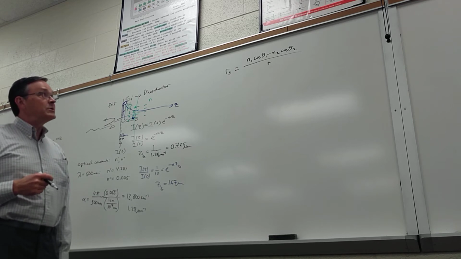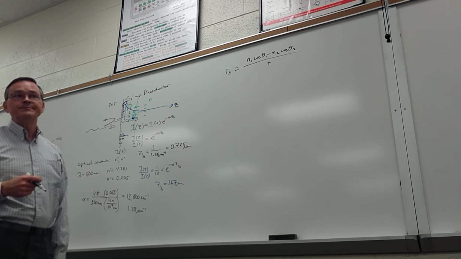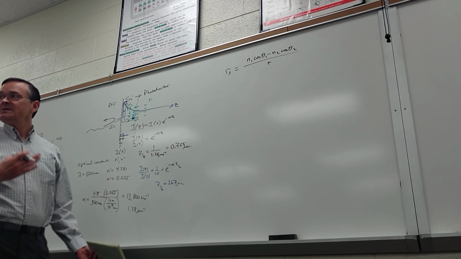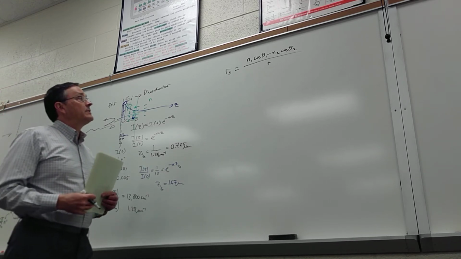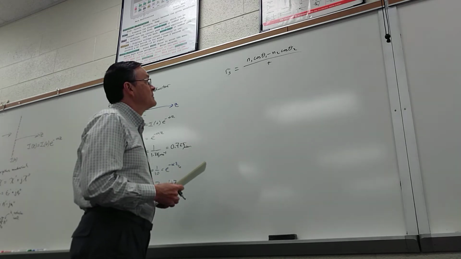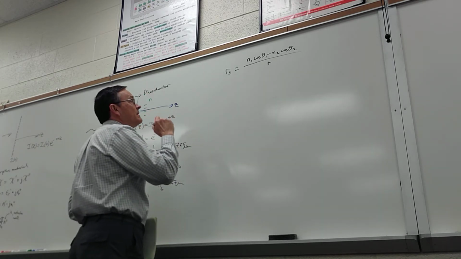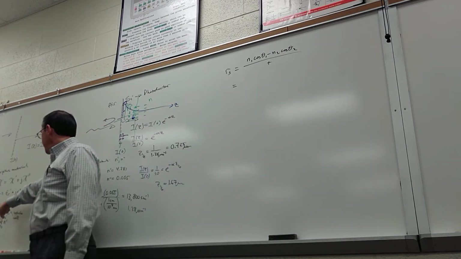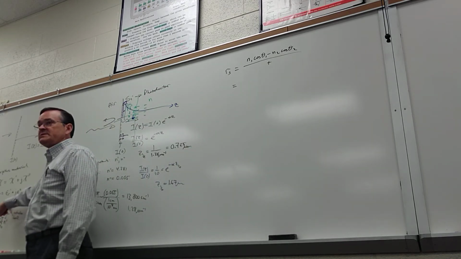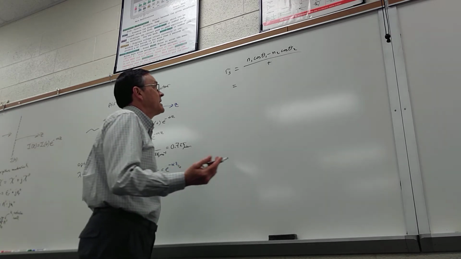And we derived that for the case where material 1 was a dielectric material and material 2 was dielectric, and they were non-absorptive. But it turns out that if we have an absorptive material, meaning the imaginary part of the refractive index is non-zero, it's the same expression.